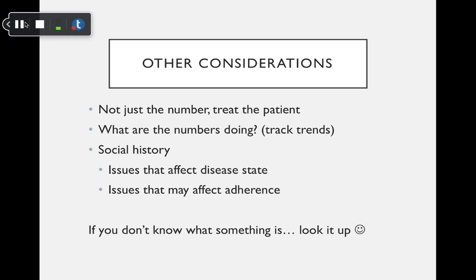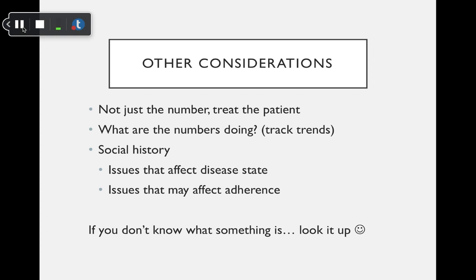Remember that the patient maybe needs to have more of this antibiotic, and that would be more beneficial for this patient rather than treating just the number, because as pharmacists we realize that creatinine clearance is just an estimation anyway. So keep that in mind.